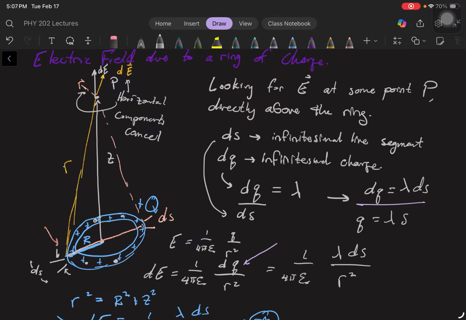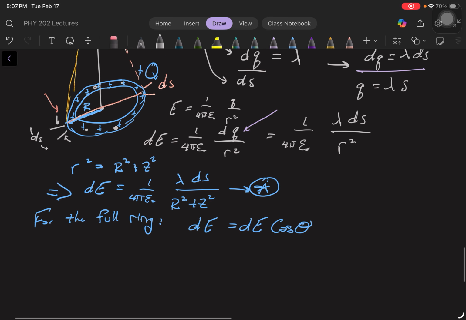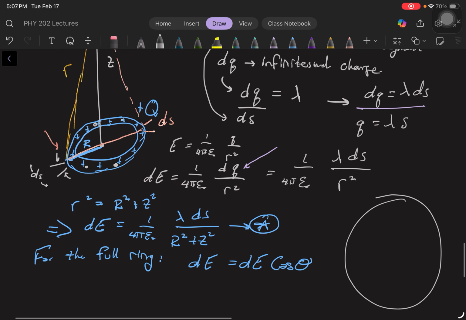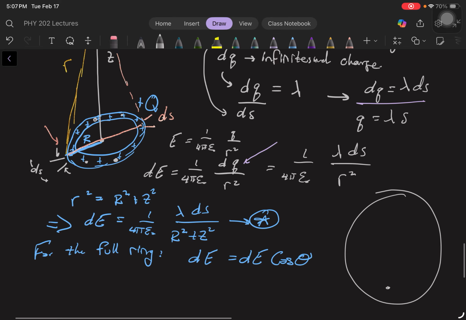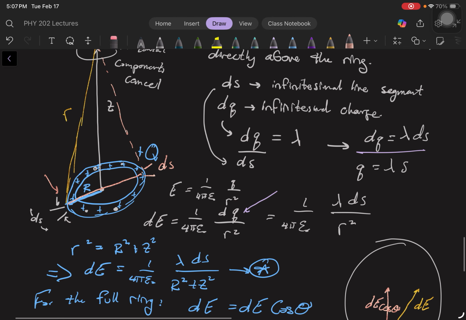And so if we were to look at, maybe if we take this and kind of blow it up down here, and so we have our point P, we have dE, and then we're going to get dE cosine theta.